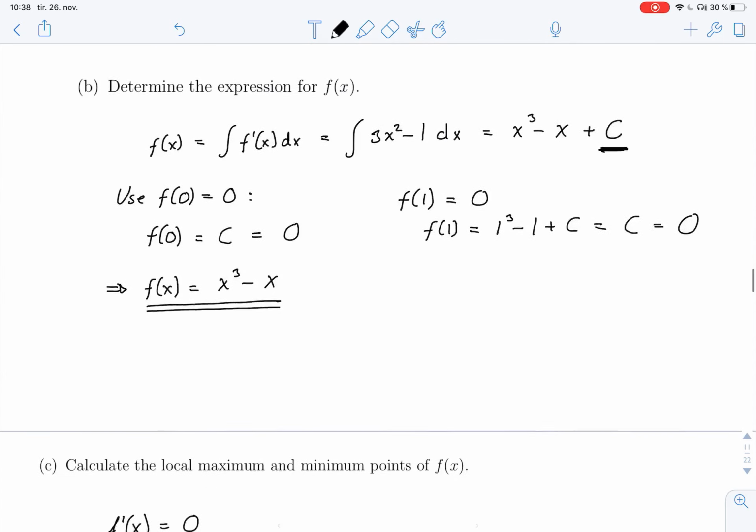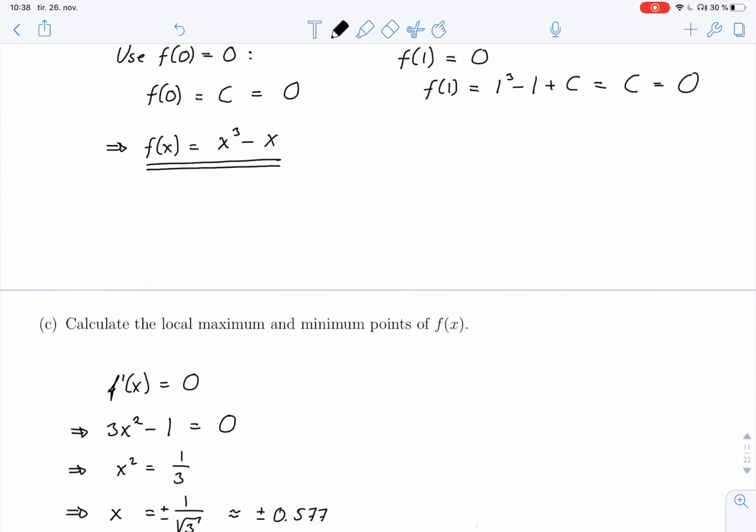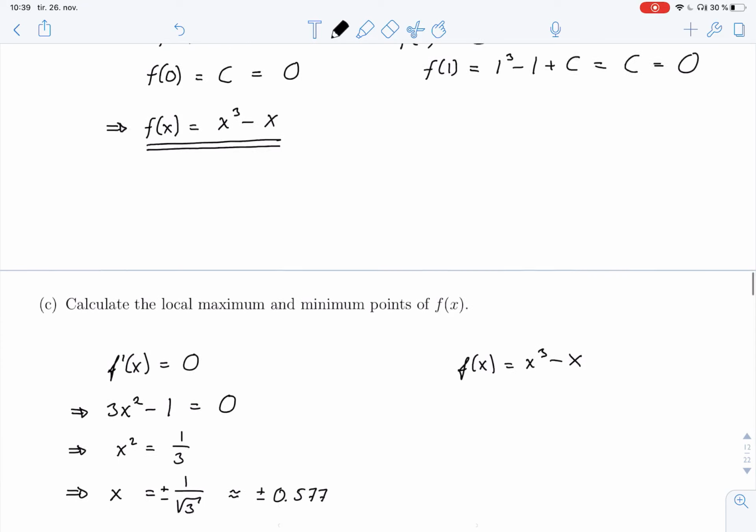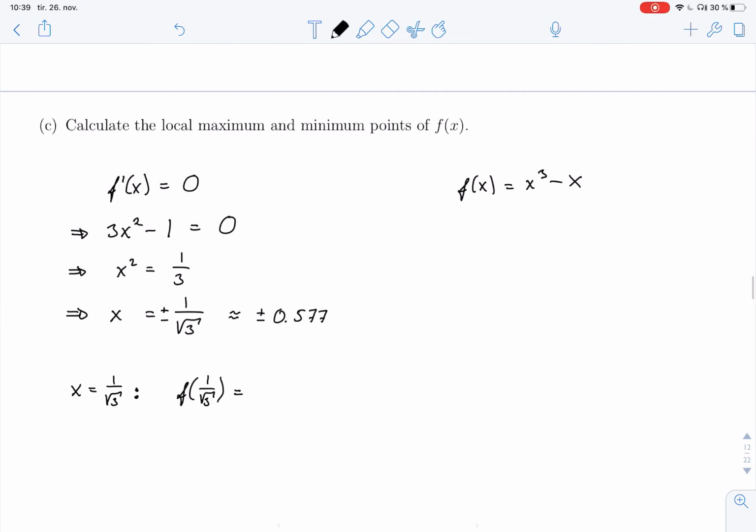We had f of x equal to x to the third minus x. If you have that wrong in B, you will not get another mistake here. I'll simply use whatever you got in B when I correct.